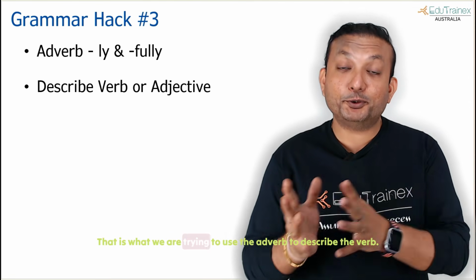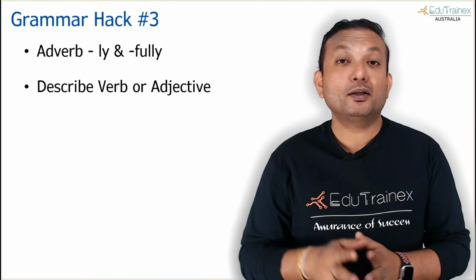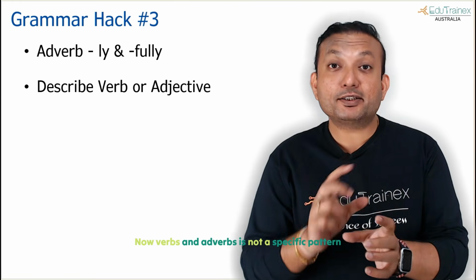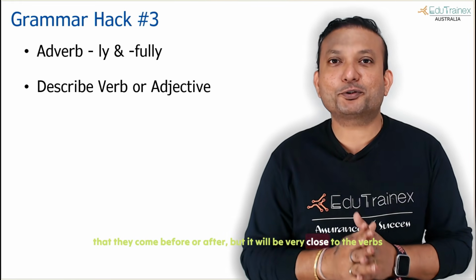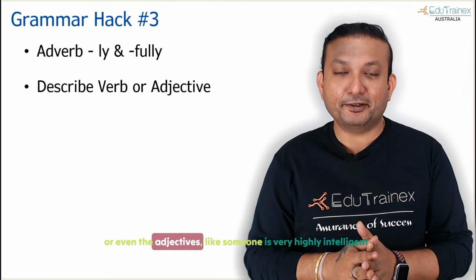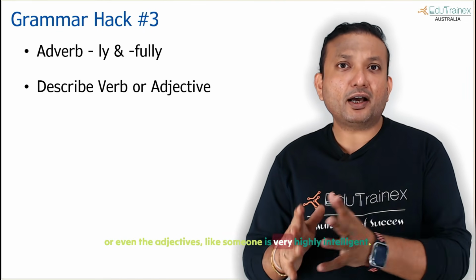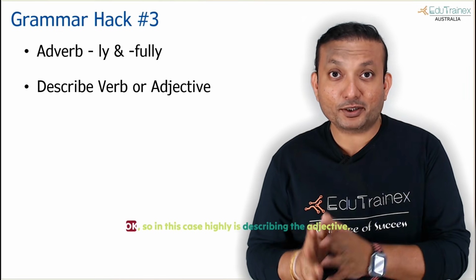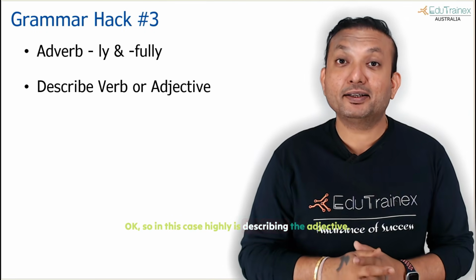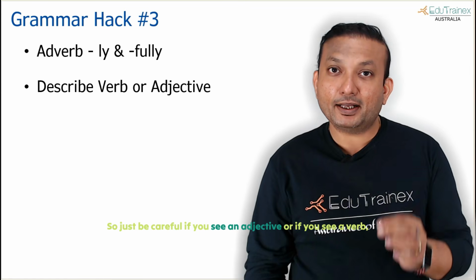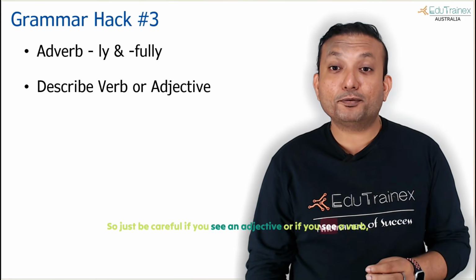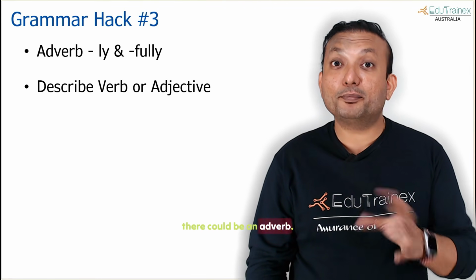Verbs and adverbs do not follow a specific pattern of coming before or after, but the adverb will be very close to the verbs or even the adjectives. Like someone is very highly intelligent. In this case, highly is describing the adjective.